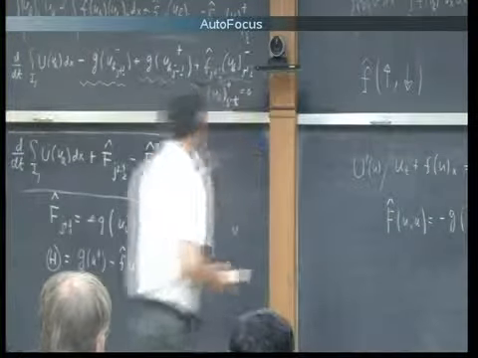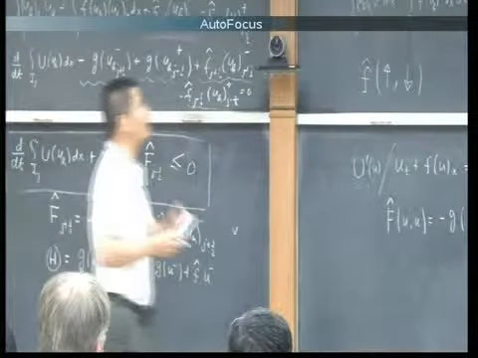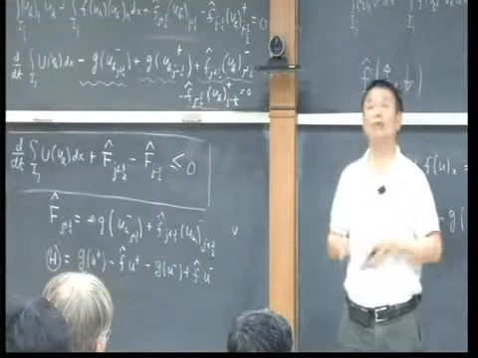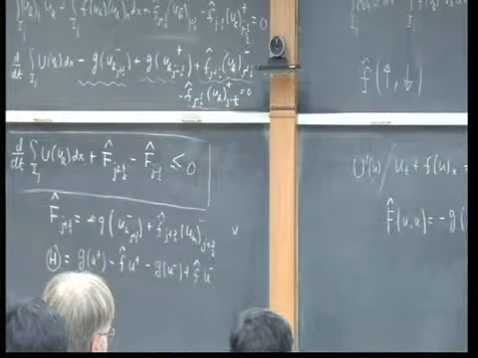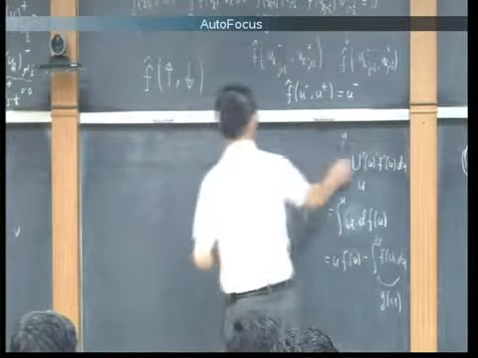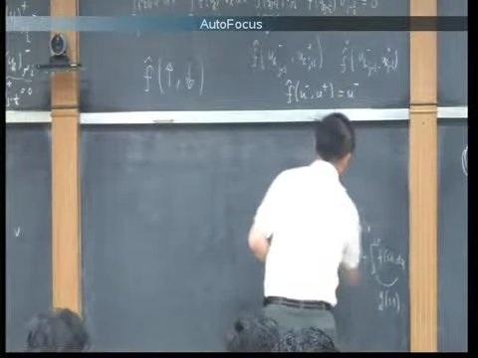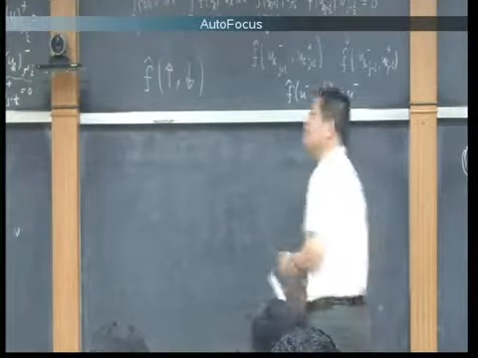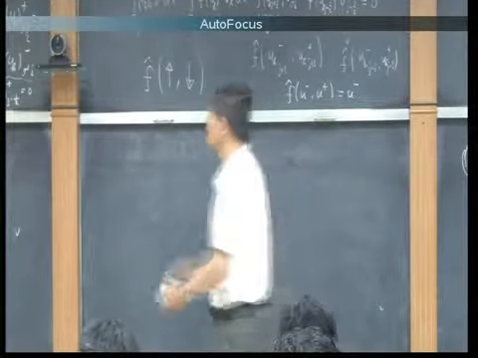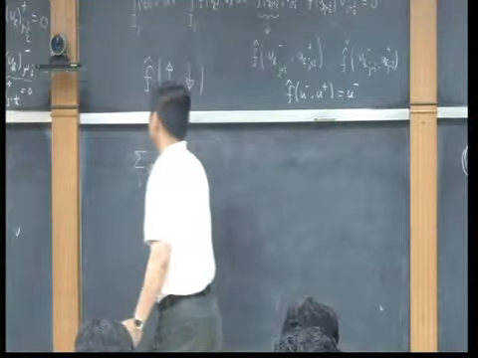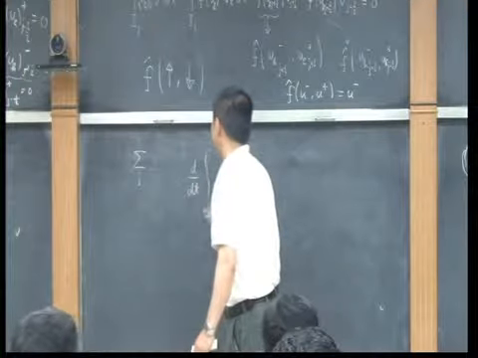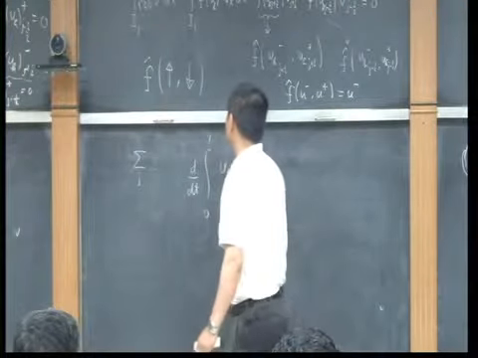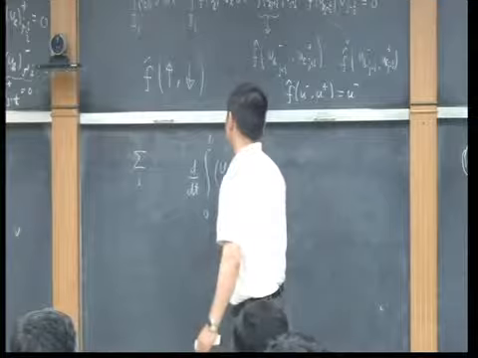And also, I claim this has a stability meaning. This is well known. Entropy condition is actually a stability criterion. So what is the stability? The stability happens to be L2 stability. So if you consider compact support boundary condition or periodic boundary condition, then if you sum over j, you get d/dt of the integral from 0 to 1 of u_h squared divided by 2.